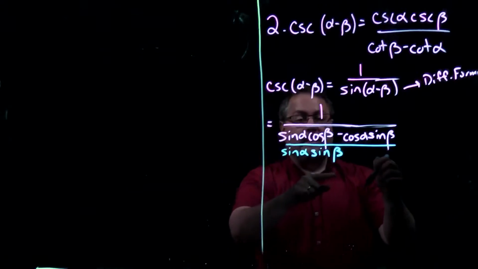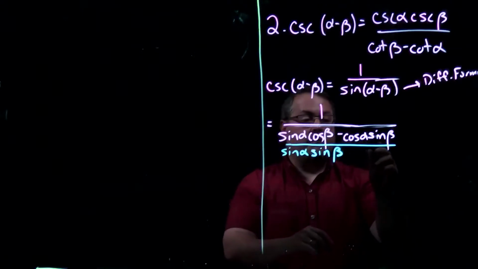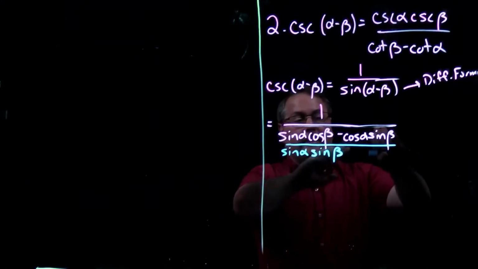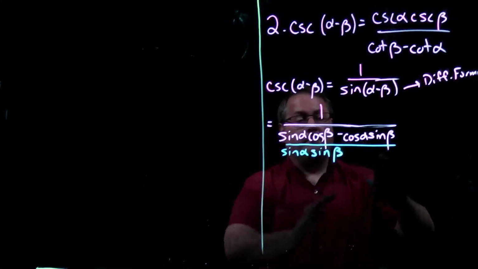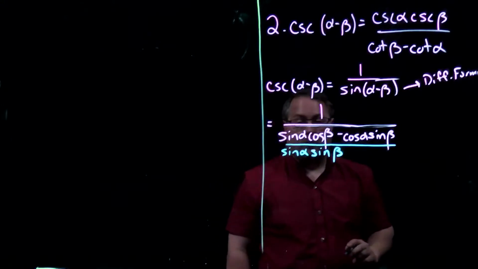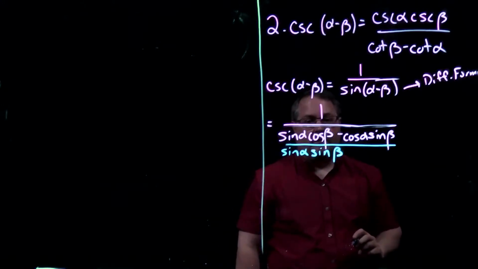But if we look at our second term and we do cosine alpha sine beta over sine alpha sine beta, now the sine betas cancel, and we have cosine alpha over sine alpha is cotangent alpha.